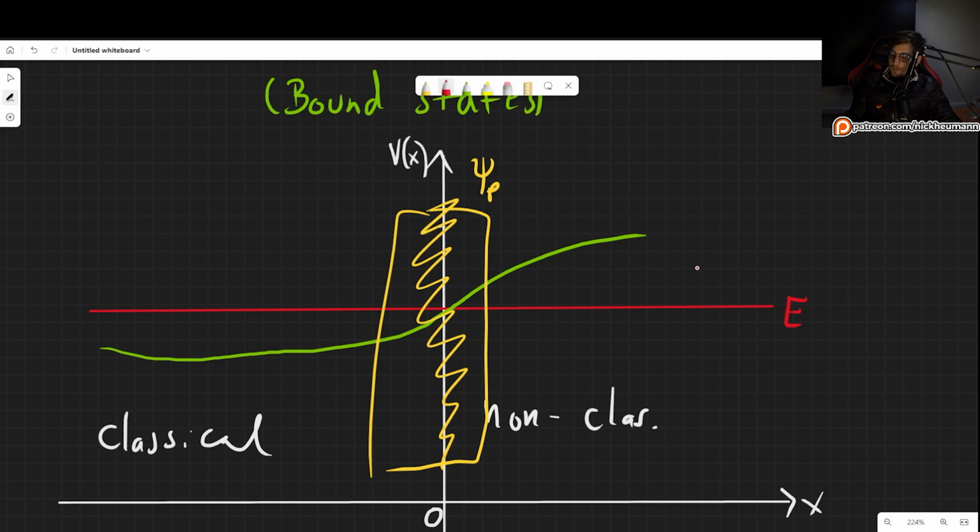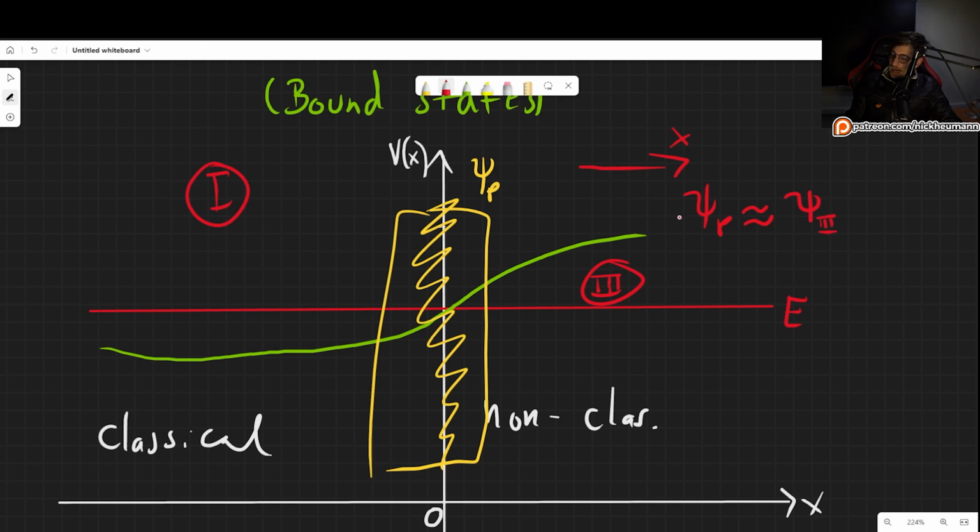We say, okay, as x grows larger and larger, we want this patching wave function to become asymptotically equal, or approximately equal, to our wave function in this region. Let's call it region number 3, since this is 1, the patching region would be number 2, and this is number 3.